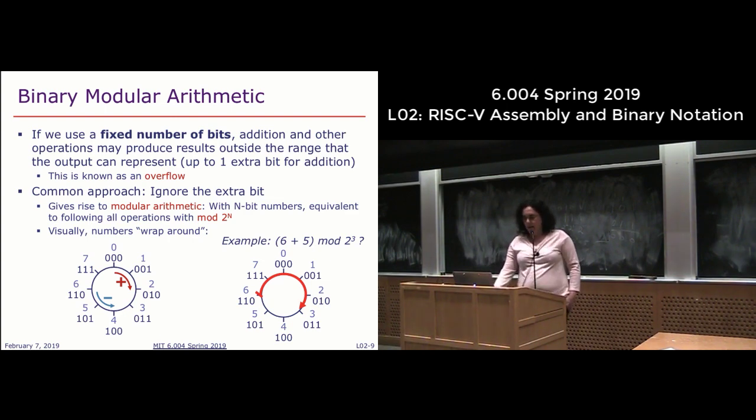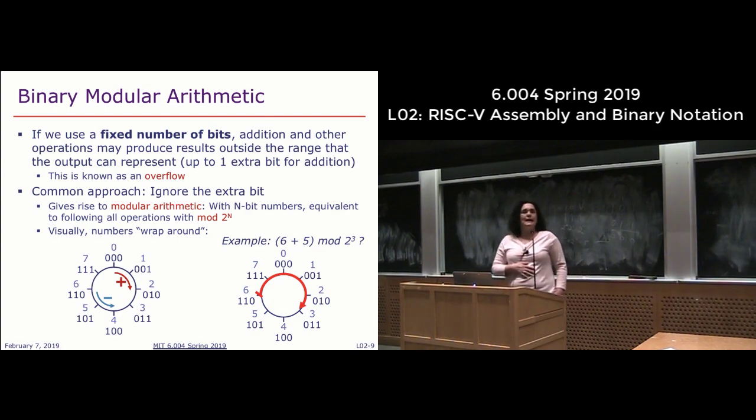Okay? So what does it mean to do arithmetic that's modular? Well, if I'm adding, it's kind of like I'm going around the circle in a clockwise fashion. If I'm subtracting, it's like going around the circle counterclockwise.